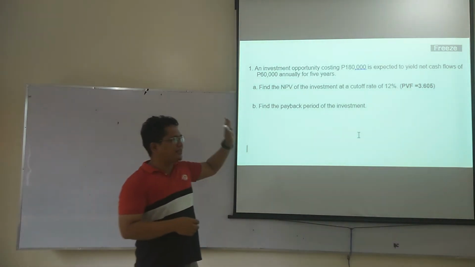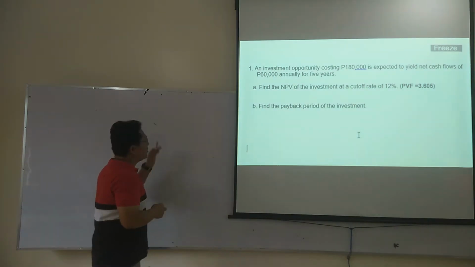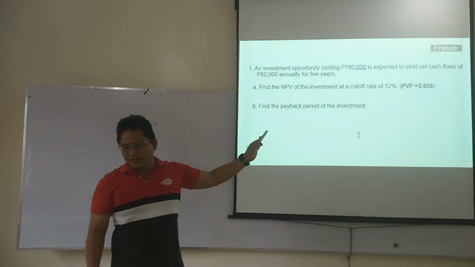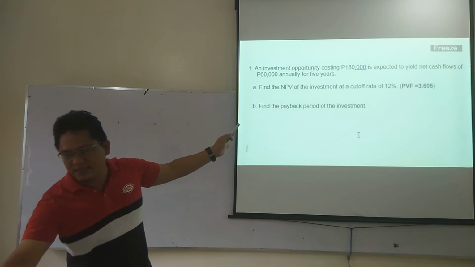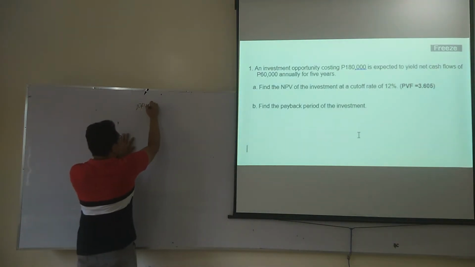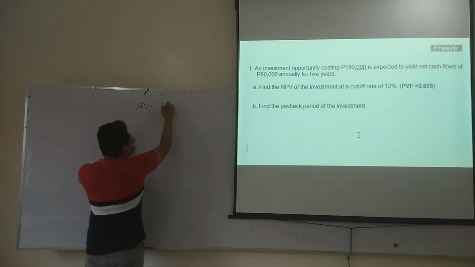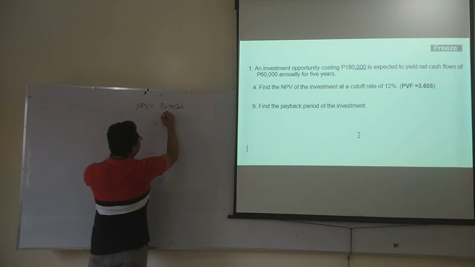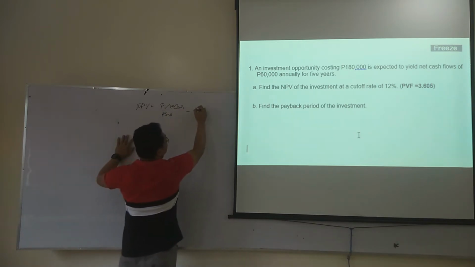NPV is the net cash flows minus the cost of the project. NPV is equal to the present value of cash flows minus the investment cost.